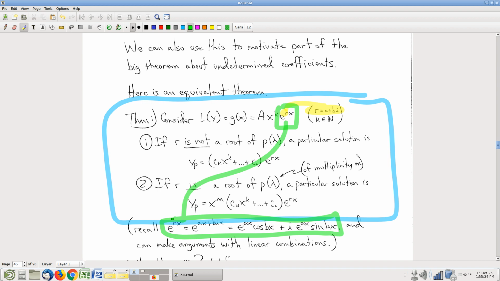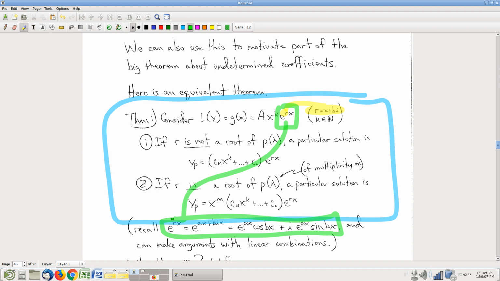Okay, so then I'm going to make an assertion, and again, we don't have time for the details, and you should not worry about the following details. But you remember we did some examples where we realized that not only is e to the rx a linear combination of exponentials times trig functions, but furthermore, exponentials times trig functions are linear combinations of e to the rx and e to the r bar x. So that's just a matter of writing down linear algebra games and observing that it works out.